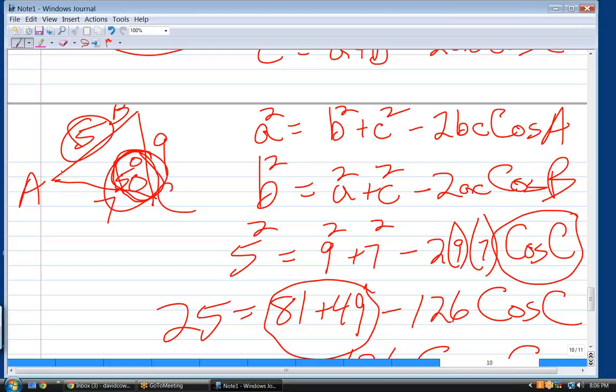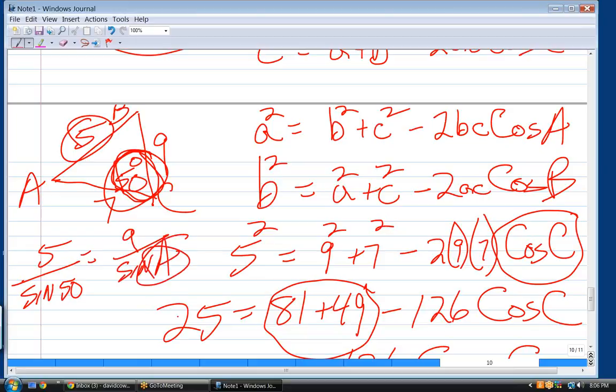Once I have this relationship, that is a fixed relationship in that triangle. In other words, 5 over the sine of 50 degrees, and I can reverse these, they don't always have to have the sine on top, is equal to 9 over the sine of A. Well, there's only one variable. I can solve for A. Once I've solved for the second angle, I don't need to use the law of sines to solve for the third angle.